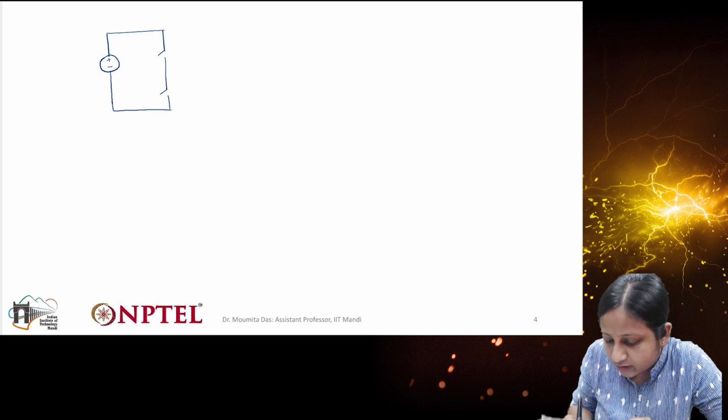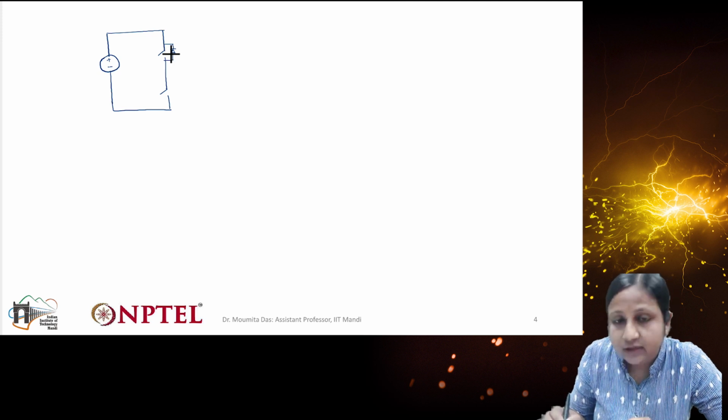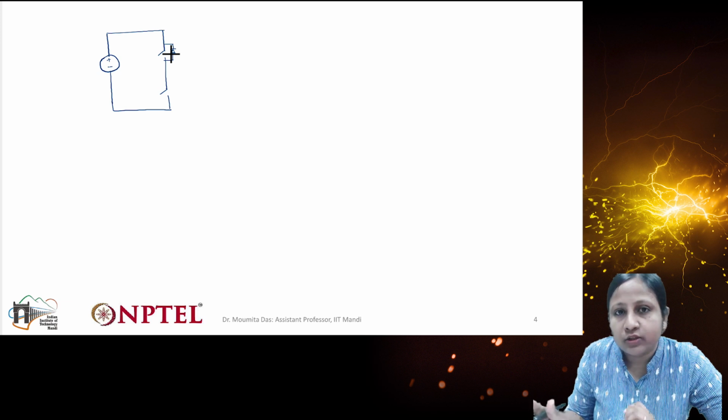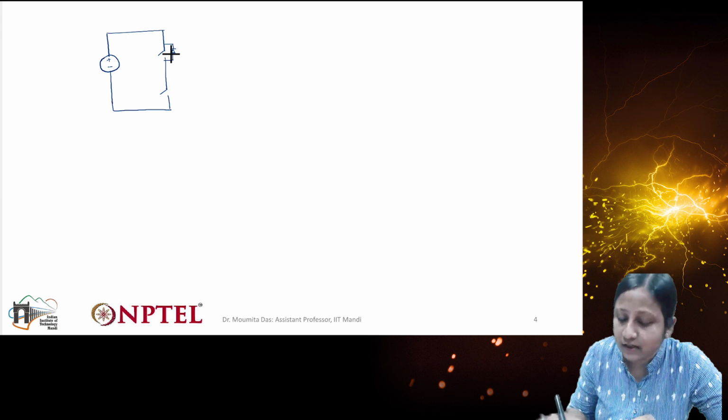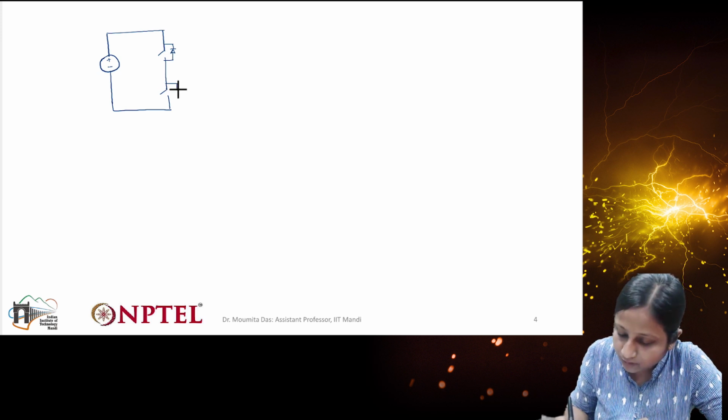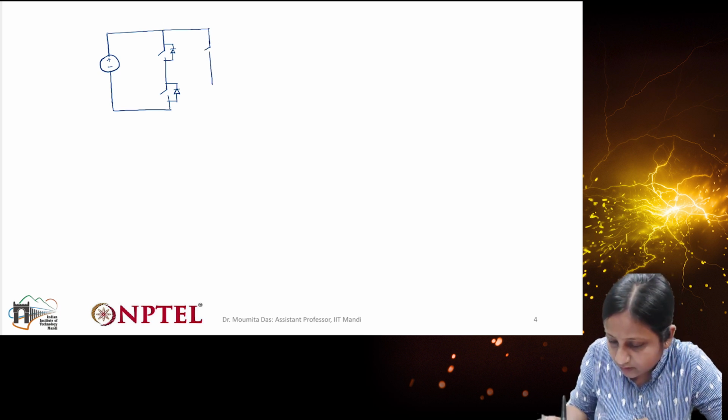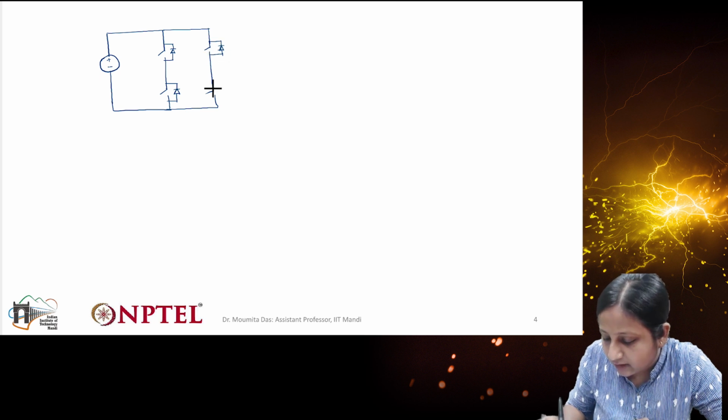Generally all the switches are expected to have an anti-parallel diode connected to them, which can be the body diode, or there can be a separate diode connected to the switch. Like this, there will be 3 different legs for 3 phases. You can see here 3 different legs having similar types of switches, and the connections are also similar.